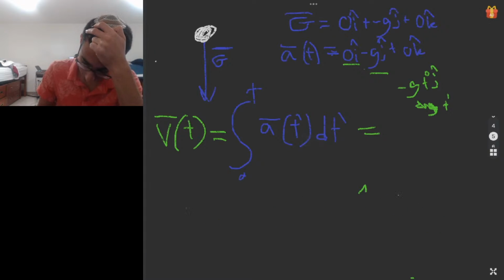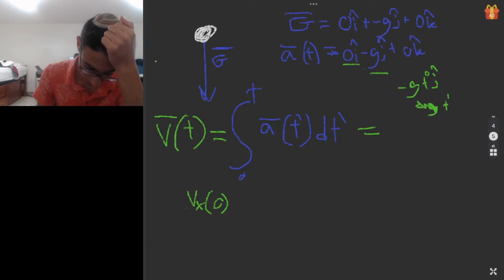So let's figure out what the antiderivative is at time 0. At time 0, it was just the velocity at time 0, and we don't know what those are. Those are constants. That information is not with us. So that's v sub x of time 0. It doesn't mean times 0, I mean at time 0.